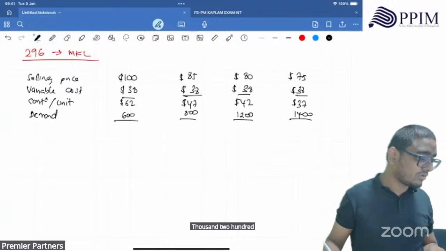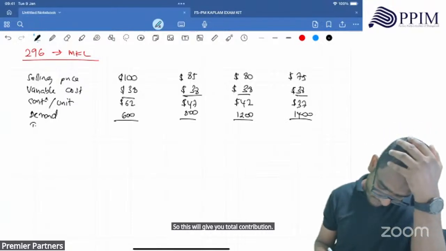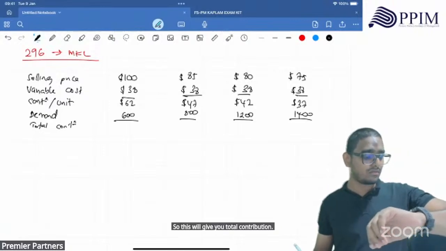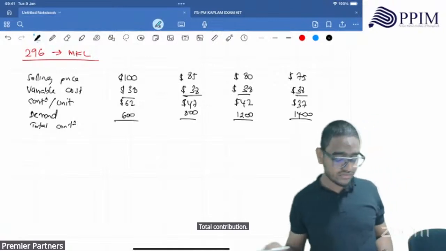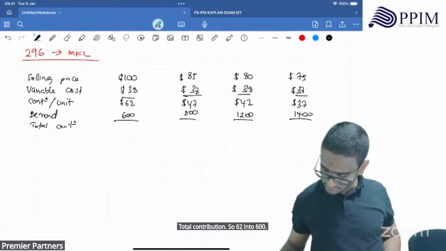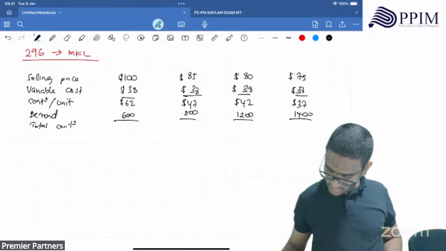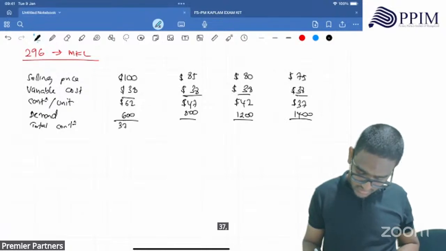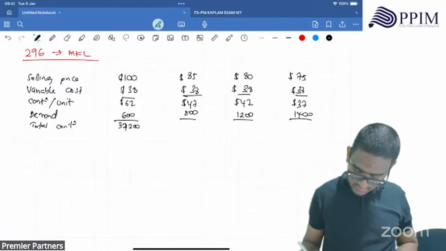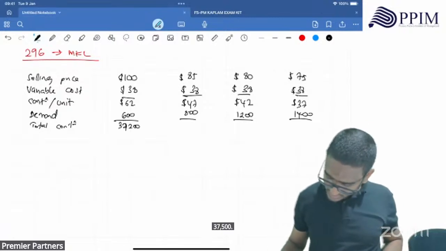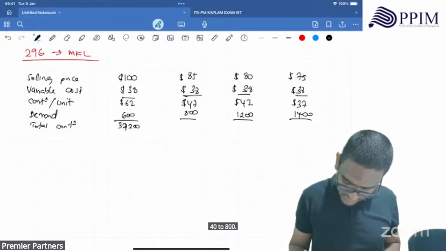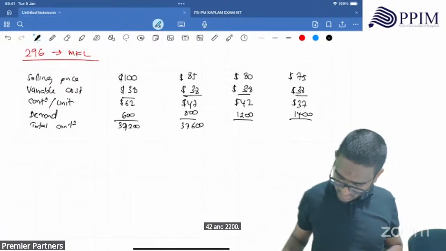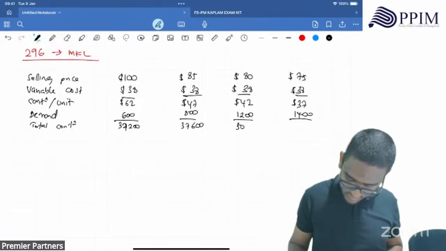So this will give you total contribution. 62 into 600, $37,200. 47 into 800, 37,600. 42 into 1,200, 50,400.